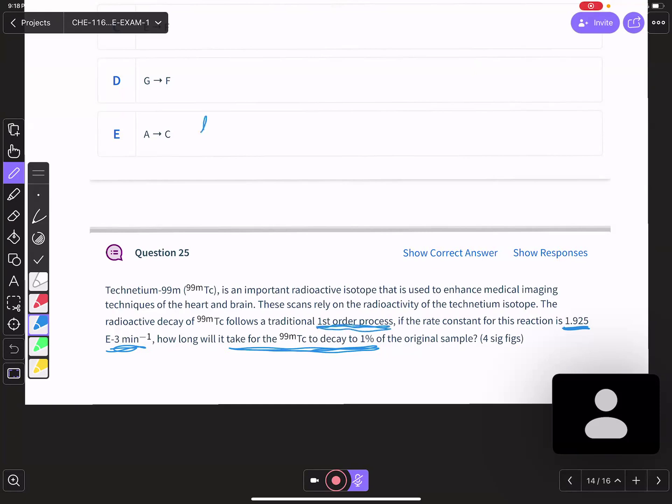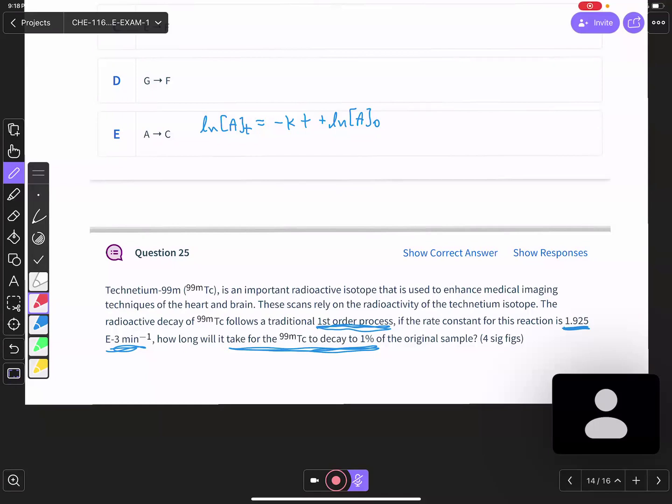So we know the natural log of the concentration at time t equals negative kt plus the natural log of my initial concentration. And this is where we can just do our percentages as decimals, to make our life a little bit easier.